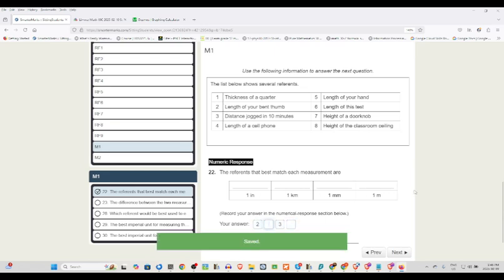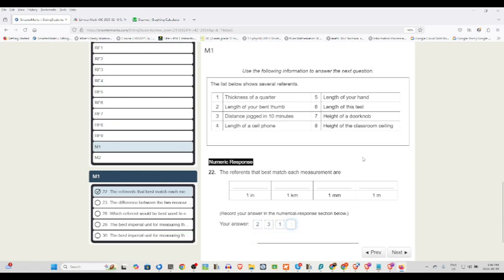The length of a cell phone doesn't really fit any of these. The distance jogged in 10 minutes is going to be the closest fit. Why did I put 3 for the thickness of a quarter? Sorry. That one should have been a 1. 3 is the distance jogged in 10 minutes. That's going to be closest to a kilometer.